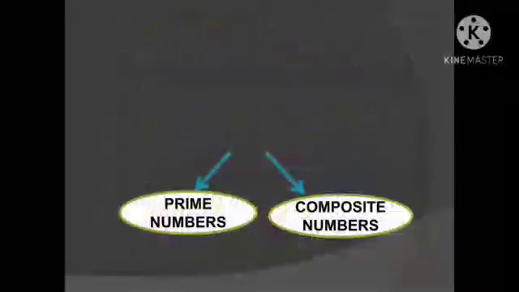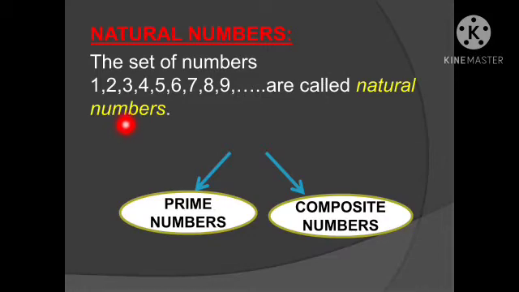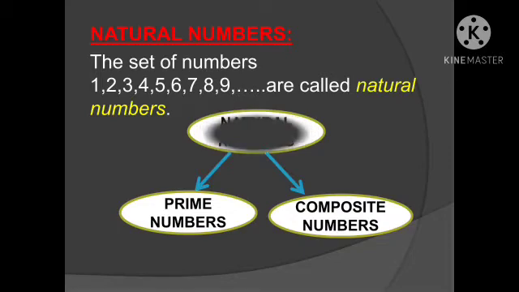And the next one is natural numbers. The set of numbers 1, 2, 3, 4, 5, 6, 7, 8, 9 are called natural numbers. The numbers go on. Natural numbers are classified into two types. One is prime numbers and the other one is composite numbers.